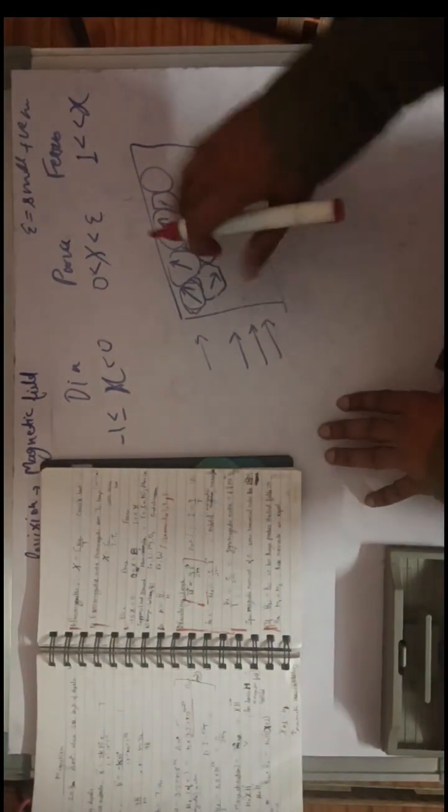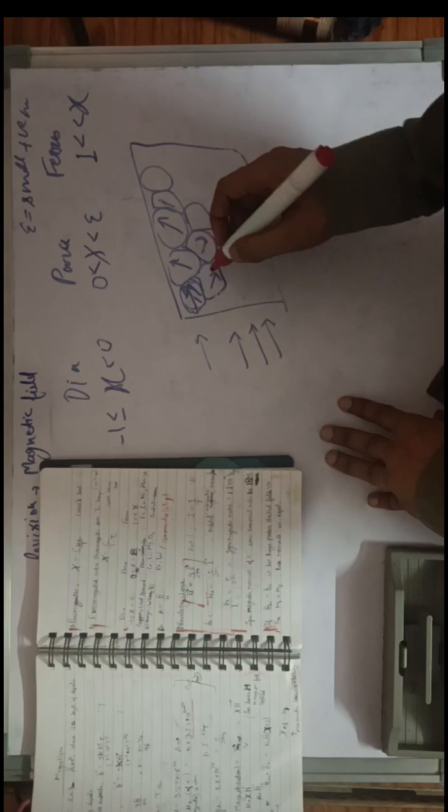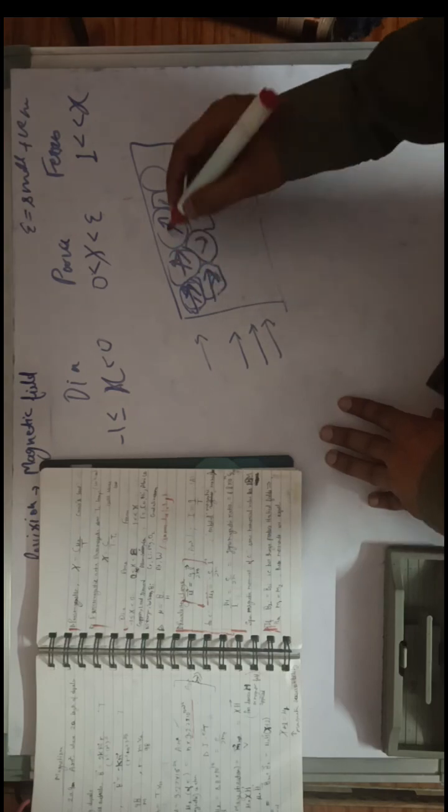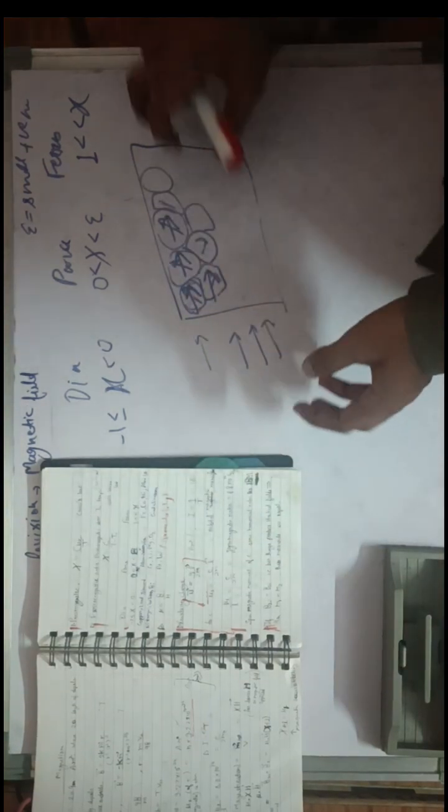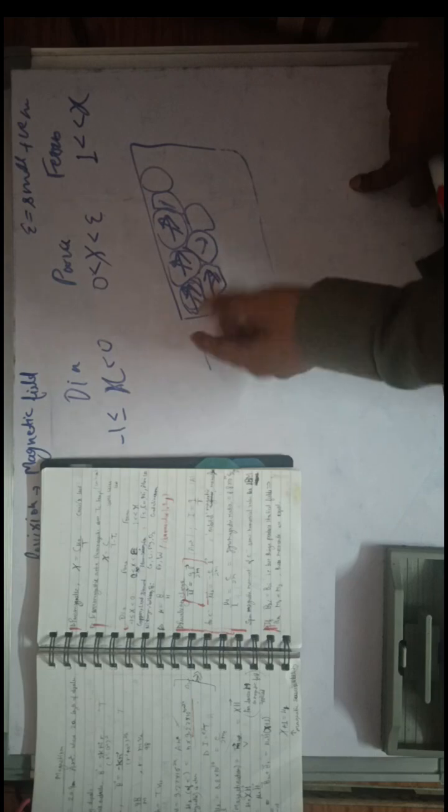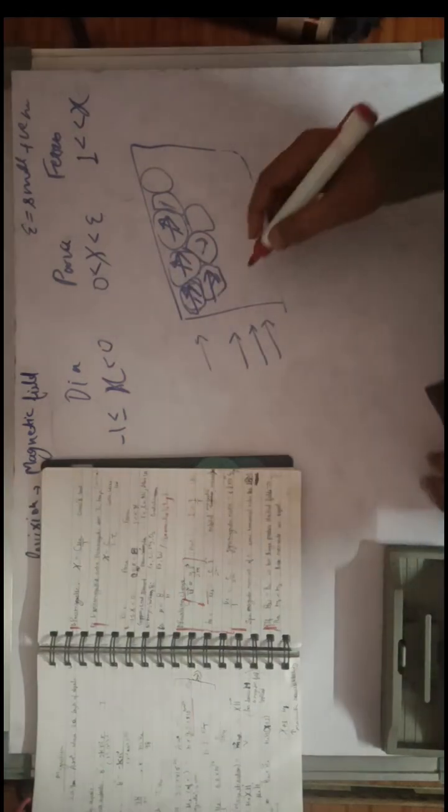When we provide a magnetic field, and if I provide a strong magnetic field, all these magnetic moments start aligning in the direction along this magnetic field.